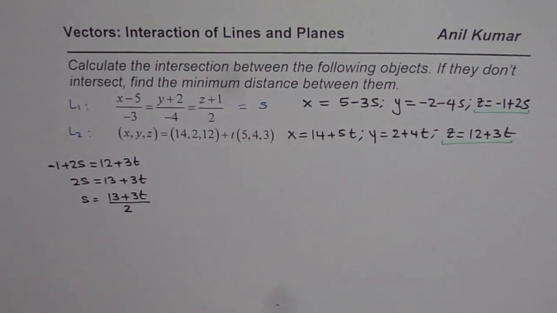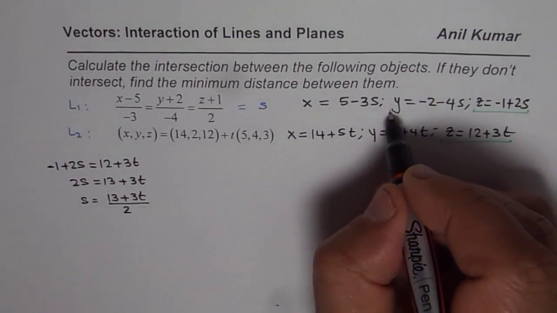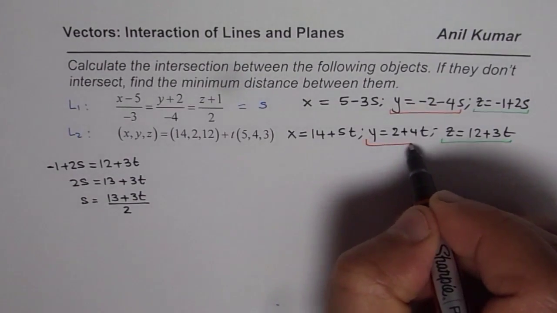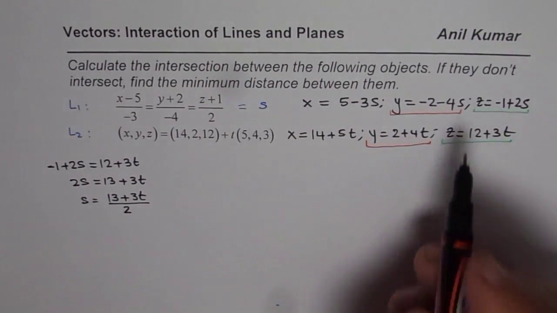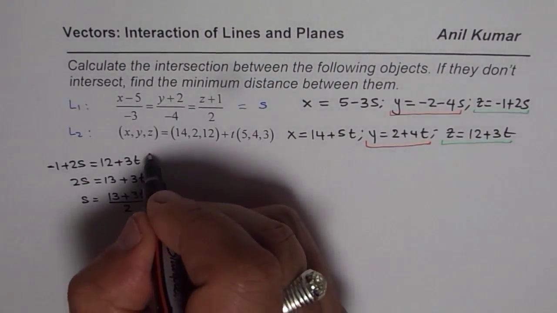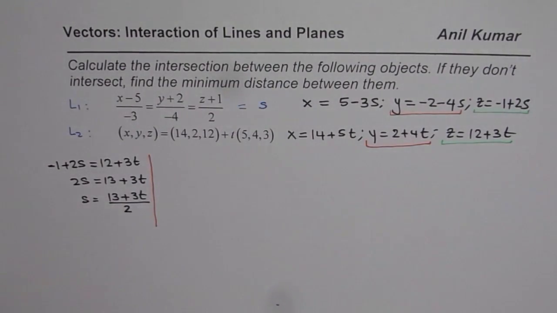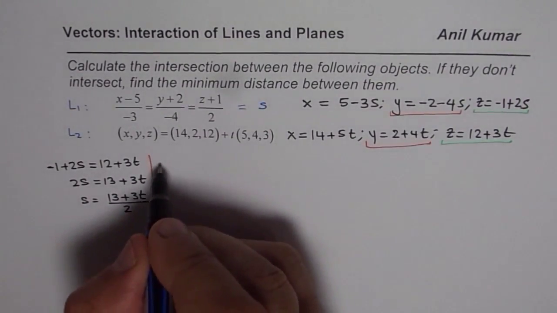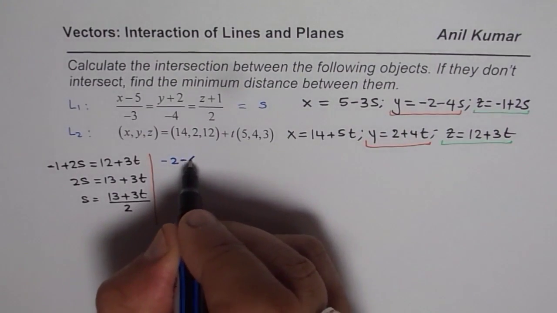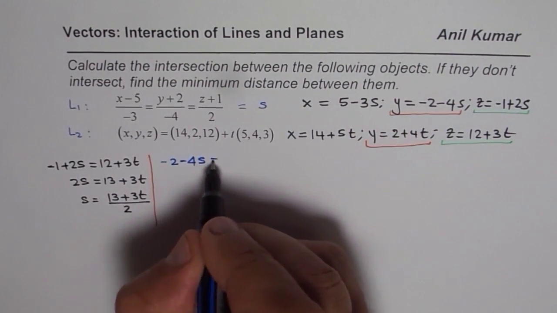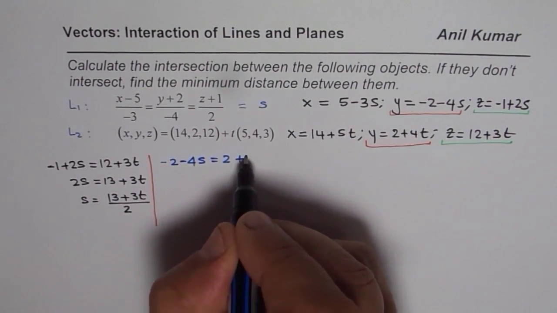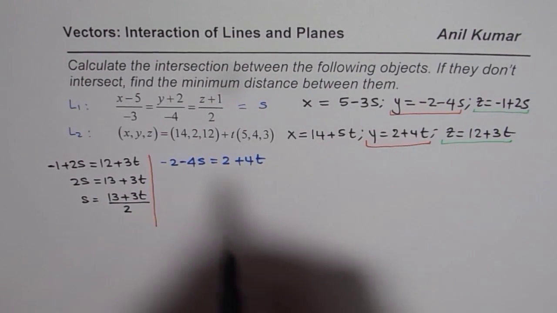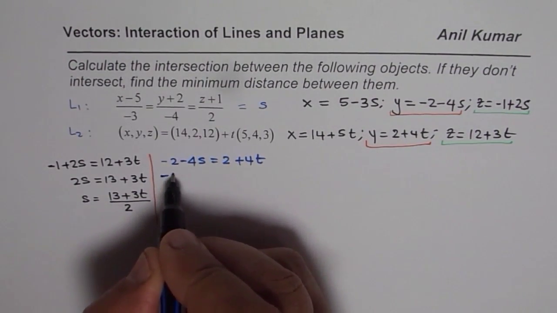Now we can work with the next set of equations, which is relating y. So here what we have is minus 2 minus 4s is equals to 2 plus 4t.